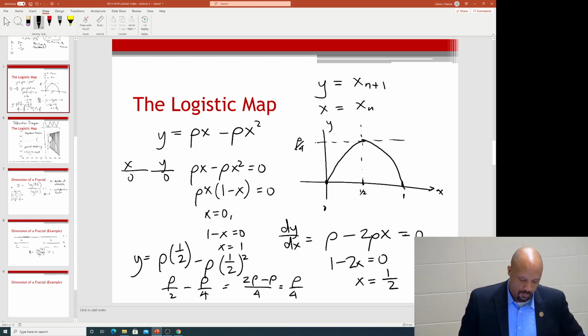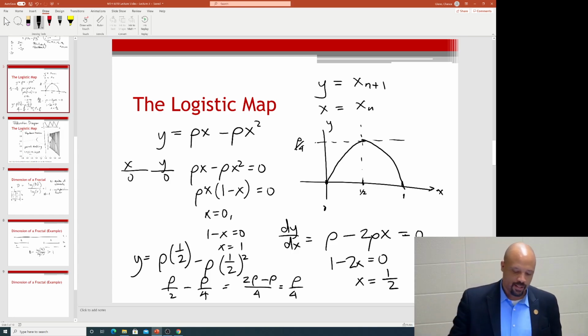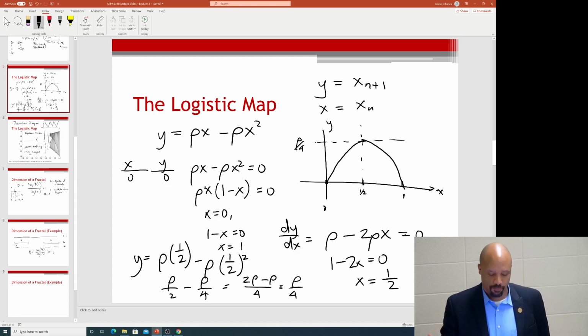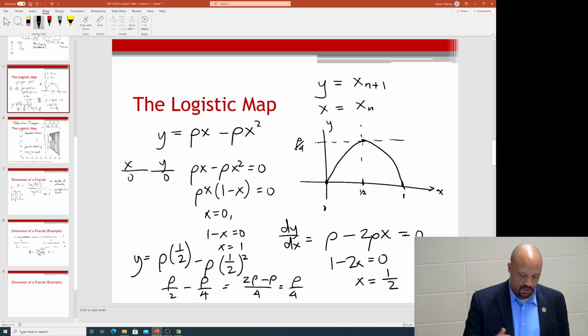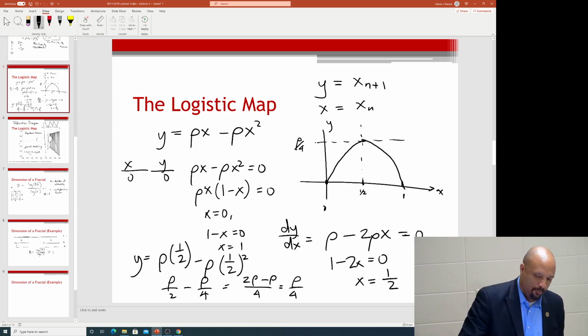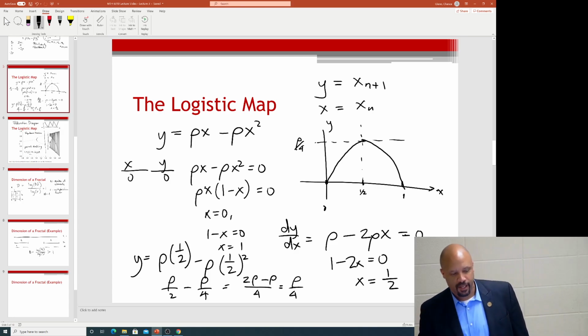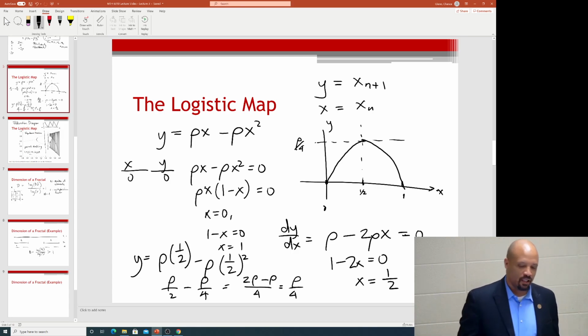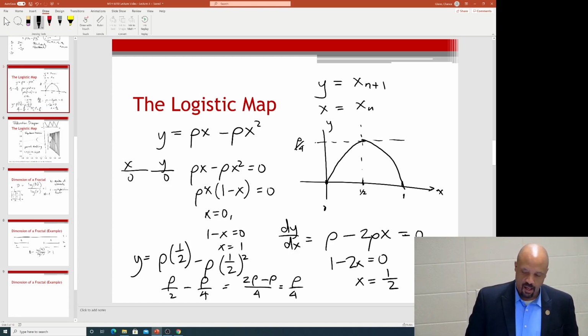We'll investigate that. Then I'll show you how to get a relationship between the map and a 3-dimensional chaotic flow, or state space. I'll show you how to link the state space to a map, and a map to a bifurcation diagram, and all this stuff will be connected together.